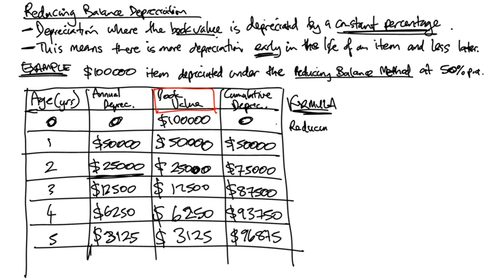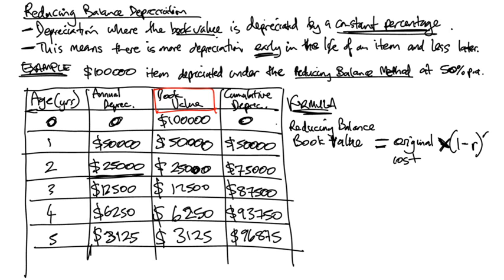Reducing balance book value equals, as it says in the book: original cost times (1 take r) to the power of n, where r is the rate of depreciation.